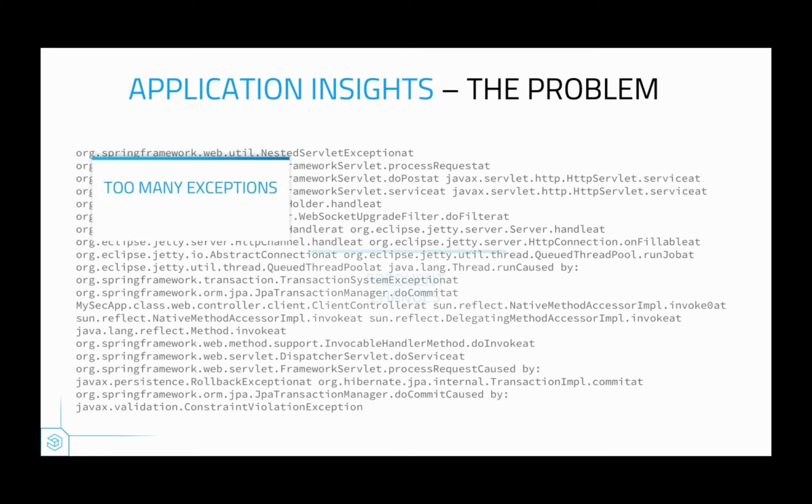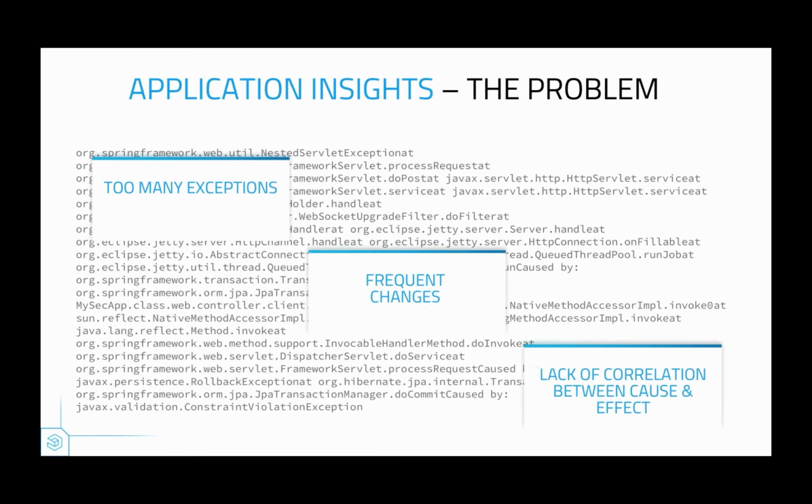But the issue is that even a small to medium-sized application throws a huge amount of these exceptions. And with CI and CD processes pushing new versions of our application into production and into our other environments more frequently, it becomes increasingly challenging to not only identify any new exception being thrown, but also to correlate these events with the changes that we're applying in the environment.